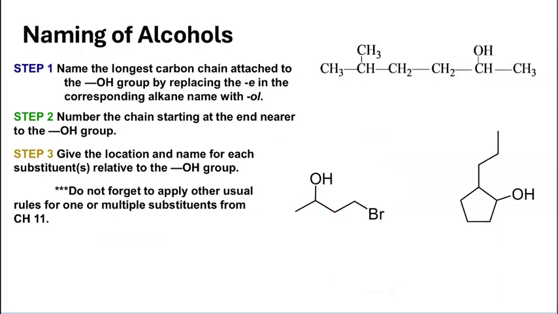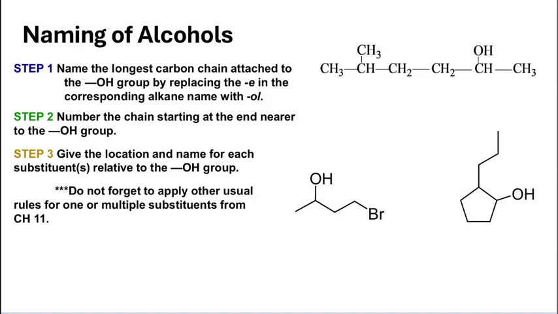Now we're going to focus on nomenclature. And the first thing we're going to learn how to name is going to be alcohols. On the left side of the slide, we have the steps on how to name alcohols. First, we have to name the longest carbon chain attached to the OH group.